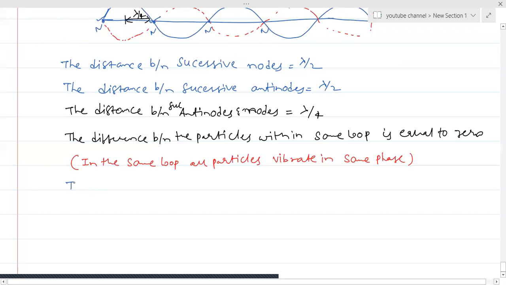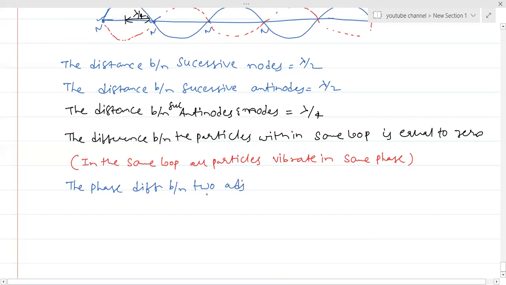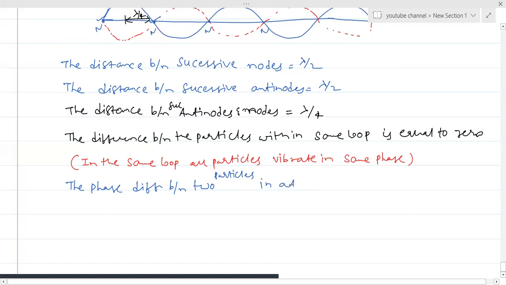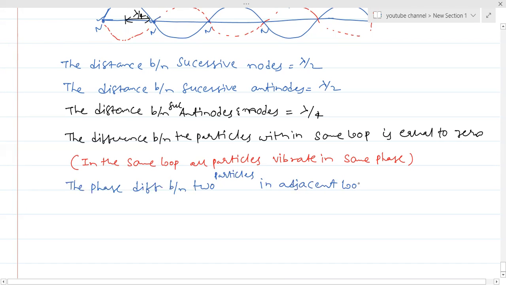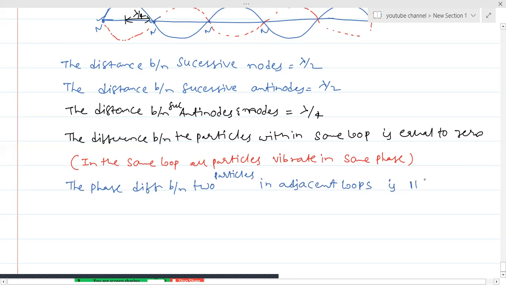And the phase difference between two particles in adjacent loops is pi radians.